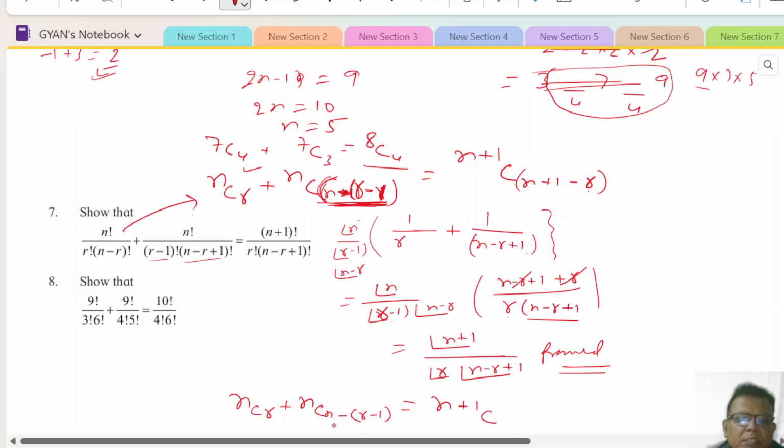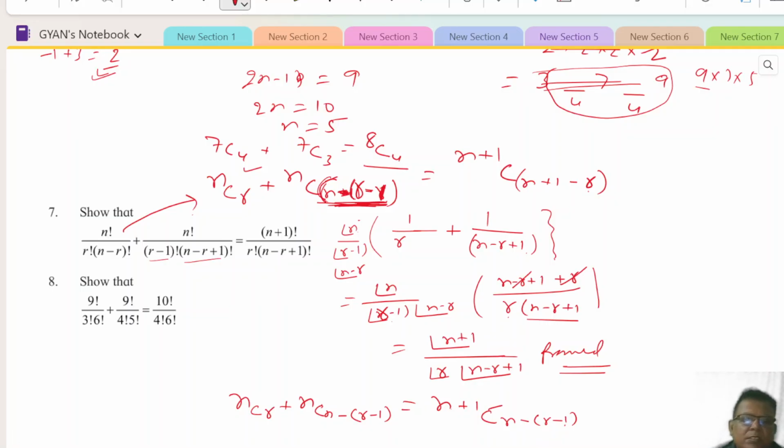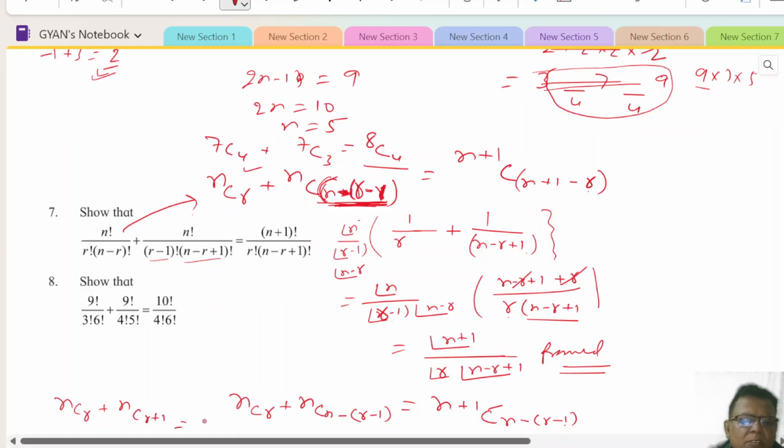Which one is higher? This one is higher, so n minus r. This is the answer. Increasing also, you can write nCr plus nC(r plus 1), which is equal to (n plus 1)C(r plus 1). So that will be the formula.